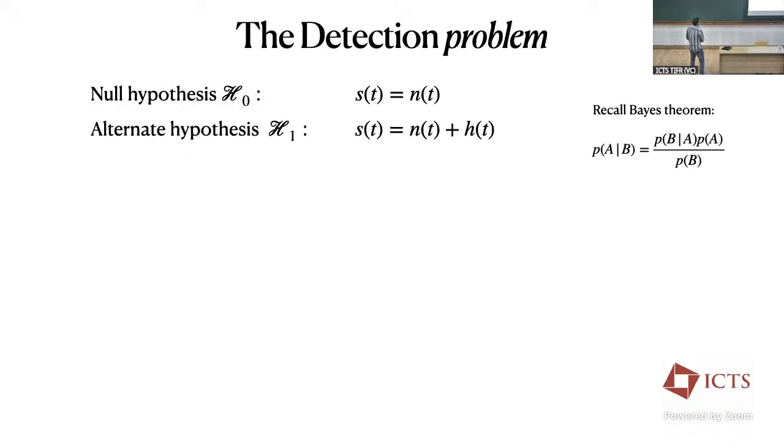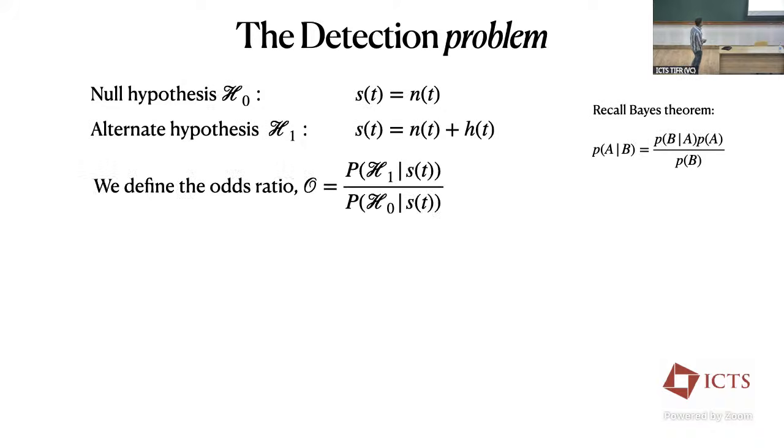So we have two hypotheses. One is that the strain data S of t contains only noise, and the alternate hypothesis H1 is that the strain data have noise as well as the signal template, or the signal h of t, within it. So these are the two hypotheses, H0 and H1.